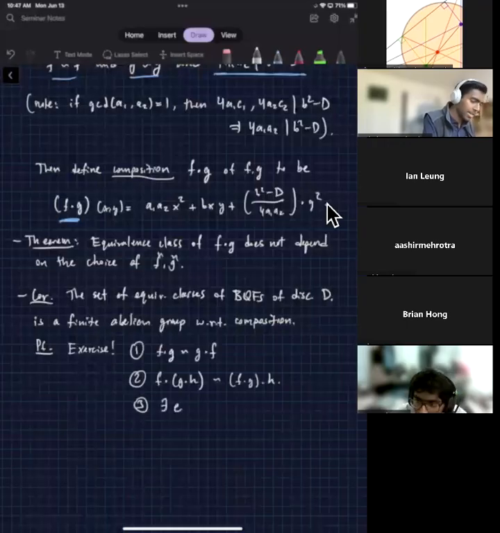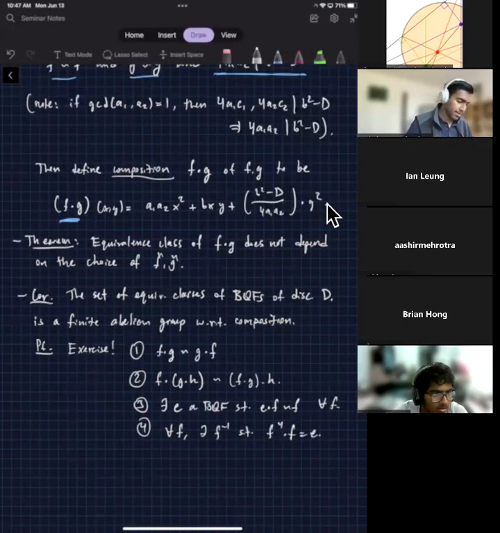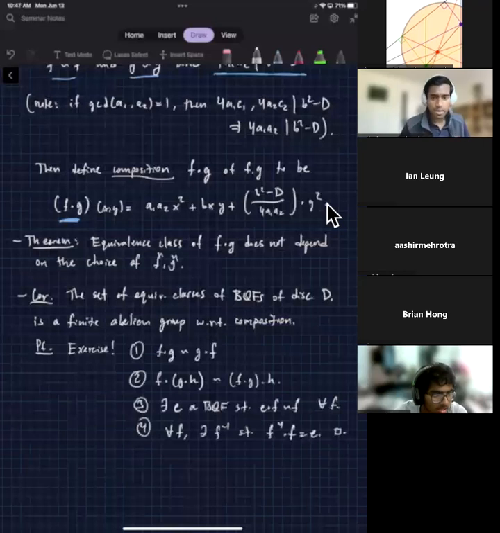So there has to exist a BQF E such that E dot F is equivalent to F for every F. The same E has to work for every F. And the last property is inverses. There should exist an F inverse such that F inverse dot F is equal to this identity element. So once you've verified those four things, none of which are hard, you can complete the proof.